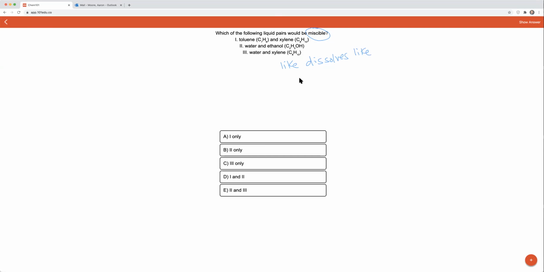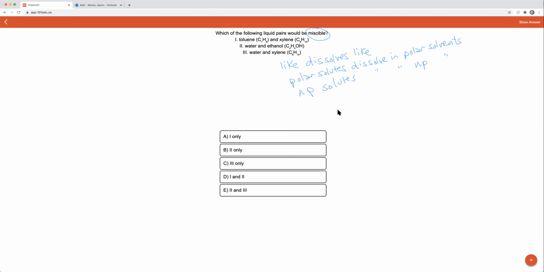To put that in terms of polar and nonpolar, solute and solvent, polar solutes dissolve in polar solvents, and nonpolar (NP) solutes dissolve in nonpolar solvents.